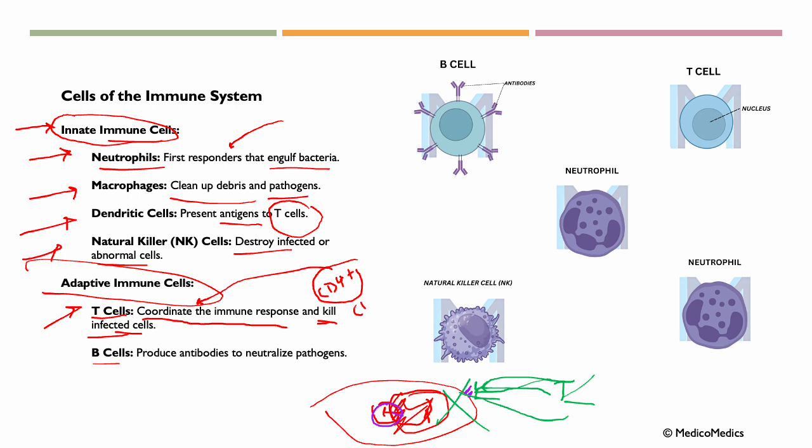So you will come to learn about CD8 T cells. These are also called cytotoxic T cells. So they're toxic to cyto, meaning they're toxic to cells. So T helper cells, CD4, T killer cells, or cytotoxic T cells, CD8. Then we have the B cells, which produce antibodies to neutralize pathogens. And it is here we will talk about memory cells, how our adaptive immune system remembers for future exposure.